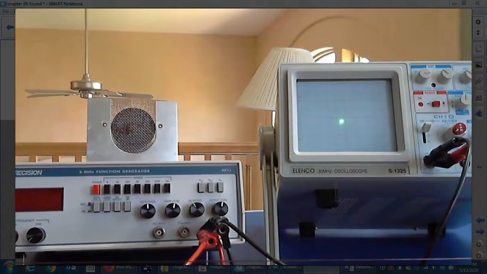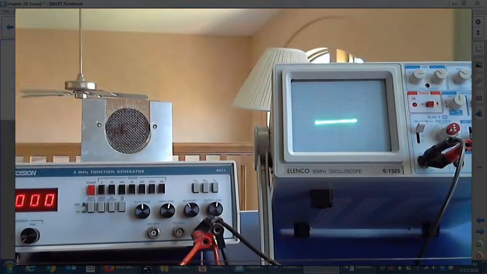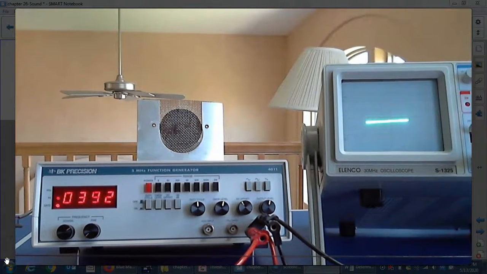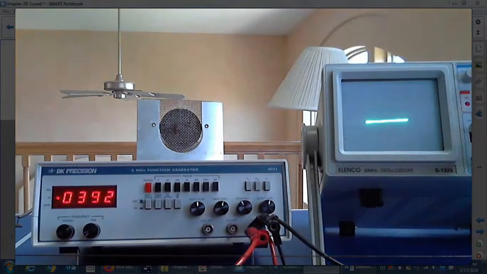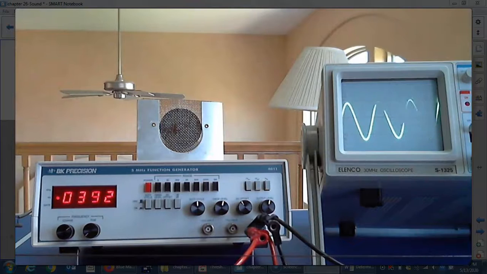That looks pretty good. So the wave generator is on, and what it says right now is that it is a frequency of 392. And let's put it so that we can see the wave on the screen. There we go. The wave on the screen looks like that. So hopefully you can see that wave nicely.